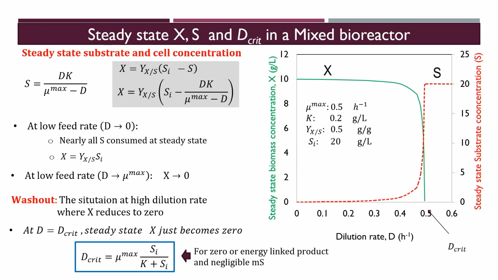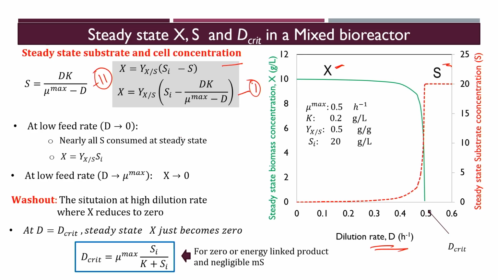Now, here this is the equation for the biomass and this is the equation for the substrate. Now, if we just see the profile of both x and S, how it varies with the dilution rate.